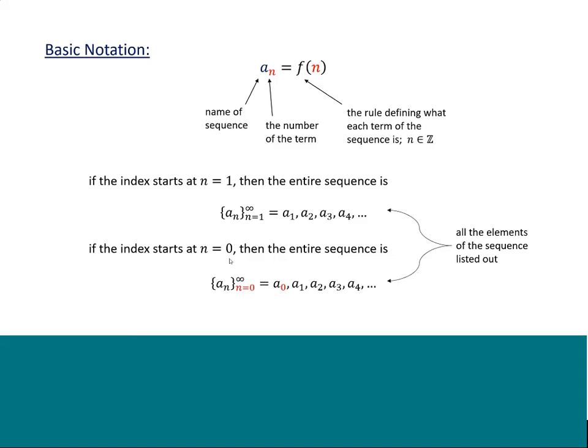So much better than our last book. Our last textbook started everything at 1, and the formulas were just miserable for his examples. Okay. So if you start at 0, then the sequence goes as follows. You start off when n equals 0. Your first term wouldn't be labeled as A1, it'd be labeled as A0, then A1, then A2, etc. And notice it could be the exact same sequence, you just relabeled them with the n's, with your index. Okay? And that's the basics of the notation.